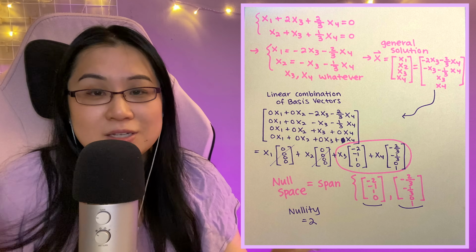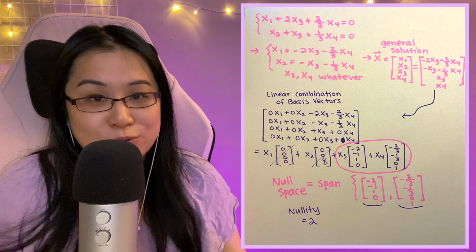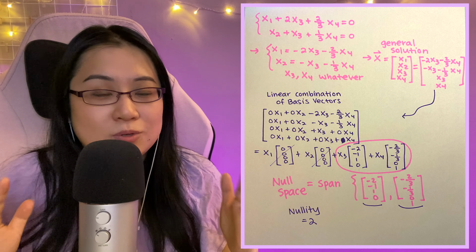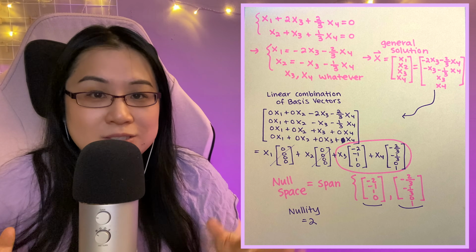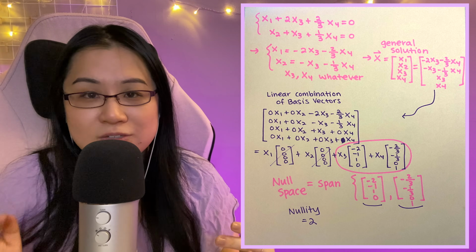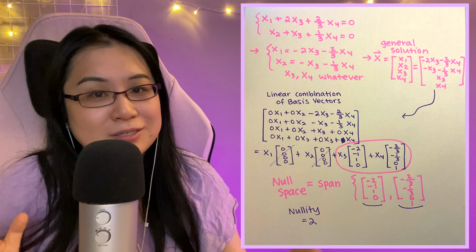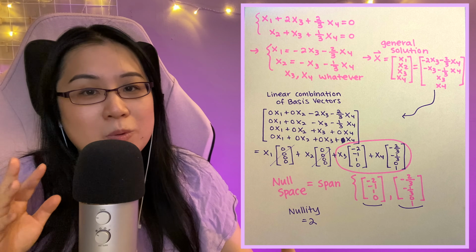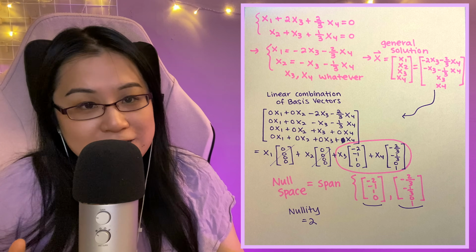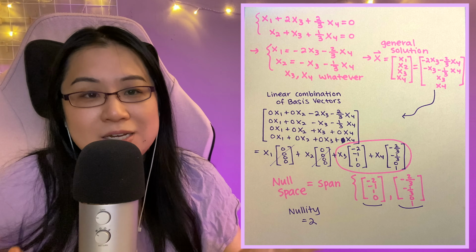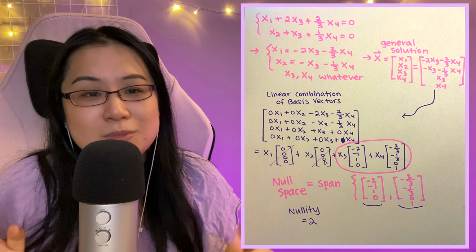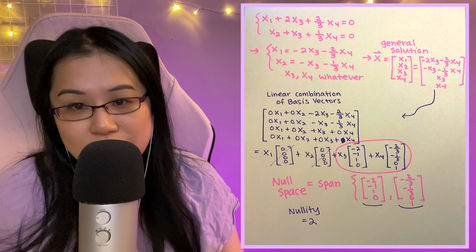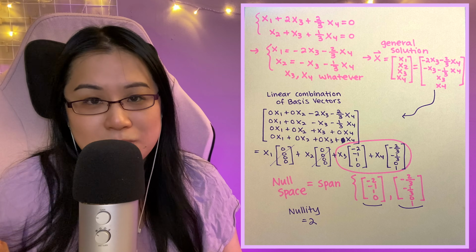And then from this, x3 and x4 can be whatever we want. So our general solution for the four components is that x3 and x4 are whatever. They're independent variables, but whatever I decide for them to be, x1 has to be negative 2x3 minus 2/3 x4, and x2 has to be negative x3 minus 1/3 x4, and then x3 and x4.